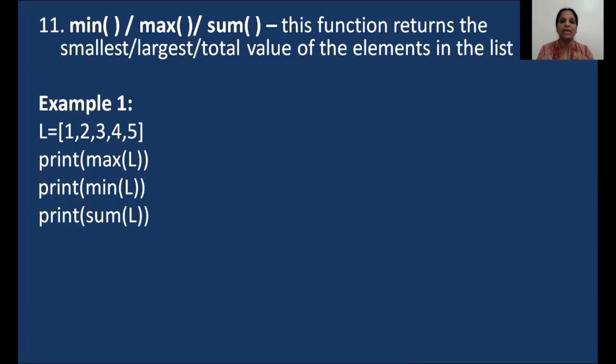Now these max, min, and sum are built-in functions of Python. They are not methods of a class called list, but they are built-in functions of Python, and they do not require the list object dot the method name. It's just the function name, like your print function or your len function or your type function or the other functions that we have learned. So you write max and the name of the list, write min and the name of the list, write sum and the name of the list.